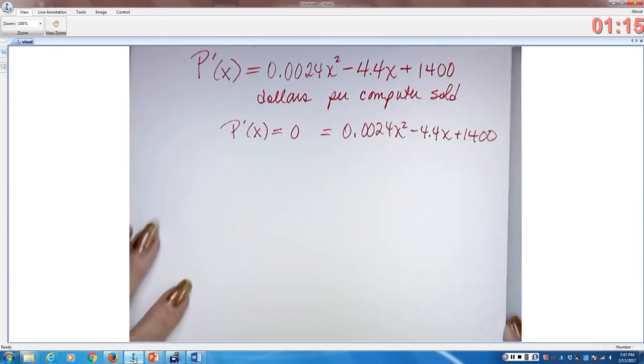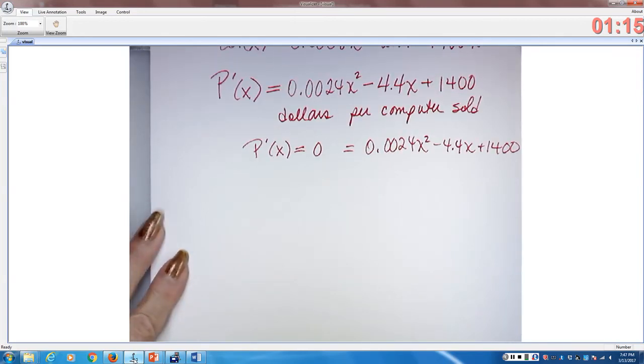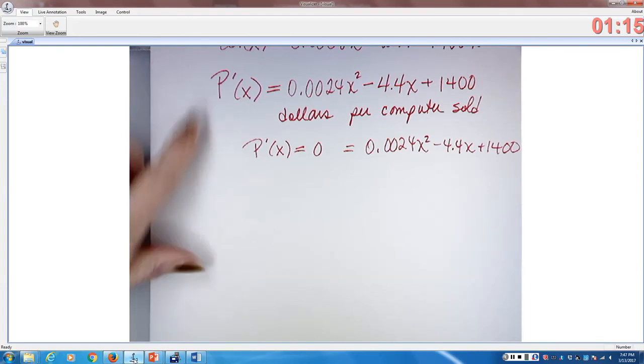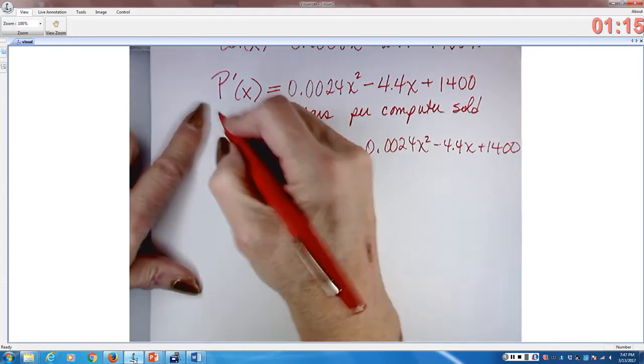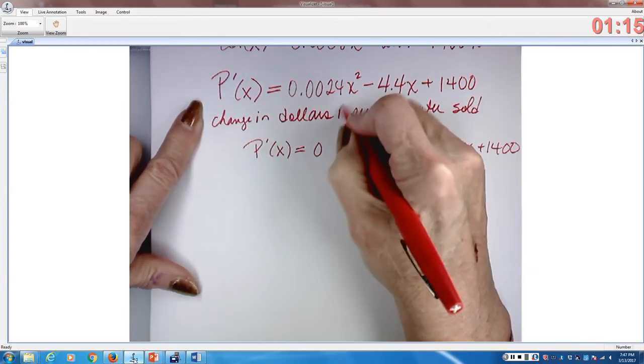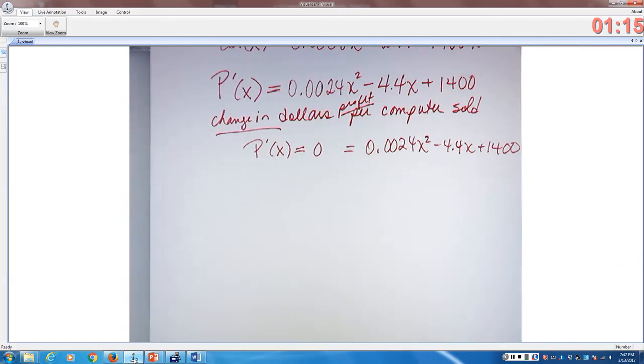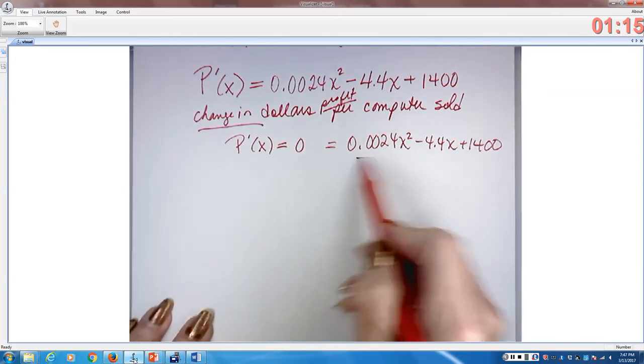So I want to know when its rate of change is going to be 0. Okay? Just to put it in context, that's the change in dollars profit per computer sold. So, who wants to factor that?